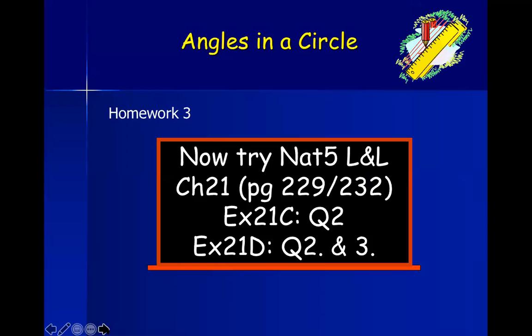And 21C and 21D. A couple of questions, so question 2 and question 3. I think these are probably more into context, because these are the type that you would see during an exam.